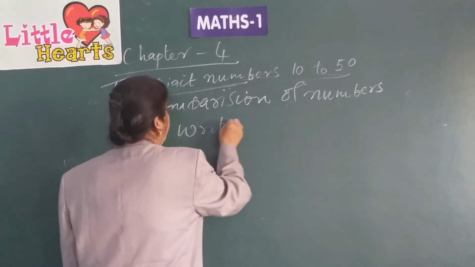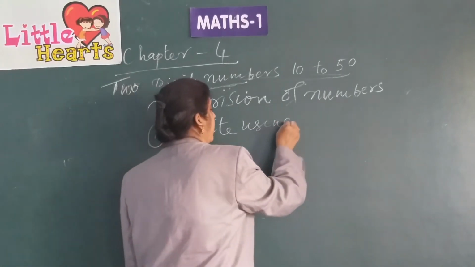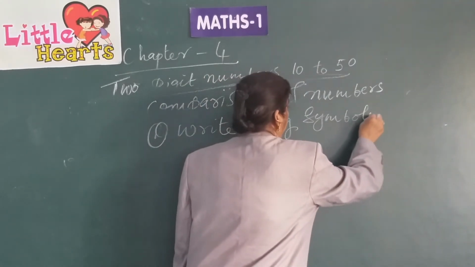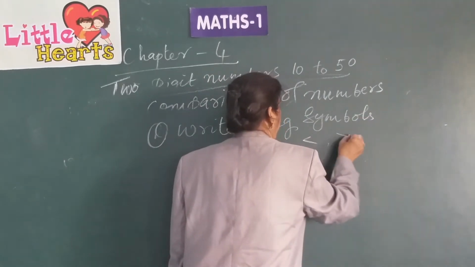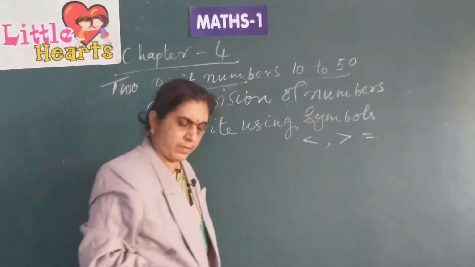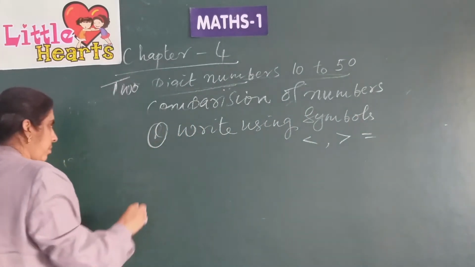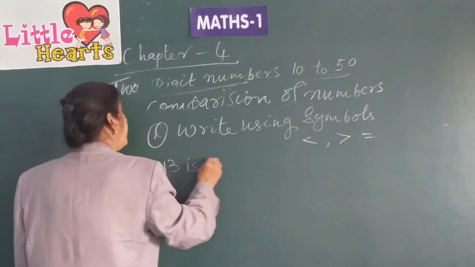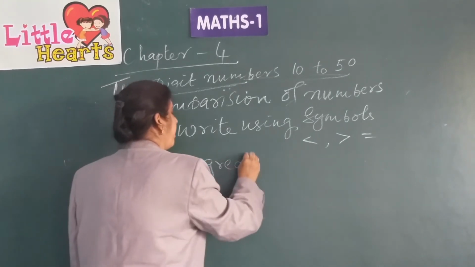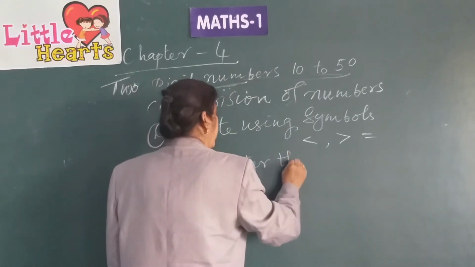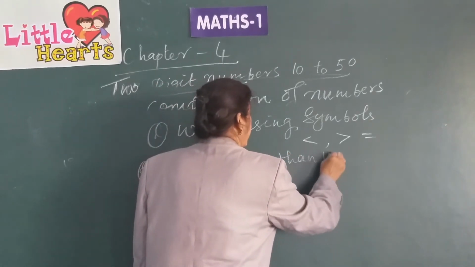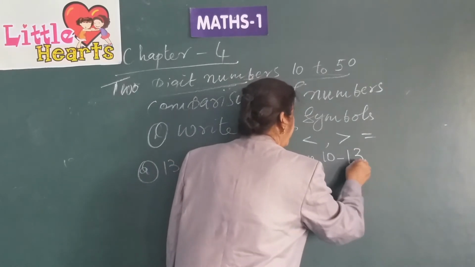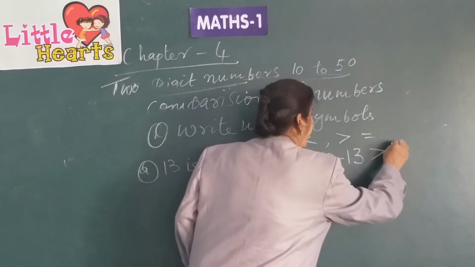Write using symbols. 13 is greater than 10. How do you write this? 13 greater than 10.